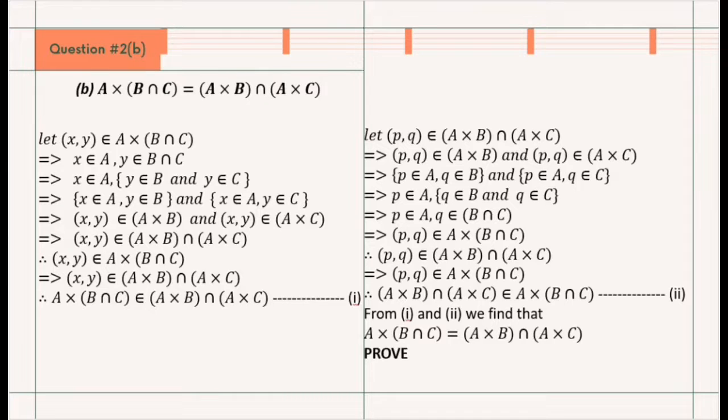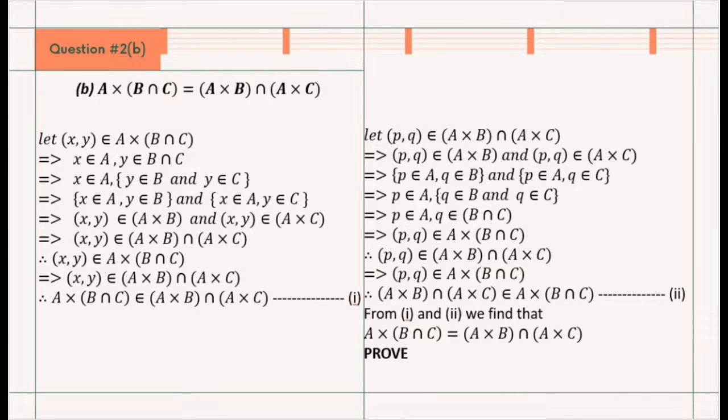Therefore, A cross (B intersection C) is a subset of (A cross B) intersection (A cross C). We name it 1.